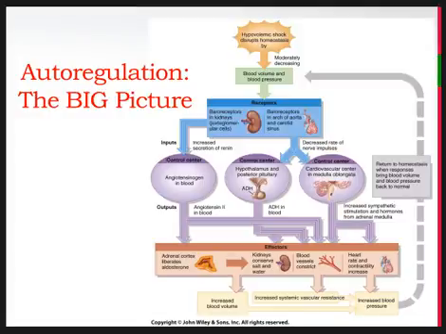The first one is ADH is going to act directly on the kidneys, resulting in a conservation of salt and water. That conservation of salt and water is going to increase blood volume. The second function of ADH is to constrict blood vessels. So that vasoconstriction, as we've said a couple of times now, is going to increase peripheral resistance. Increasing that resistance is going to cause an increased blood pressure.